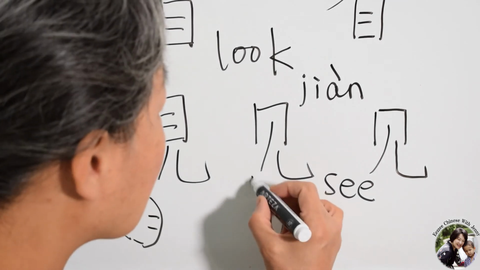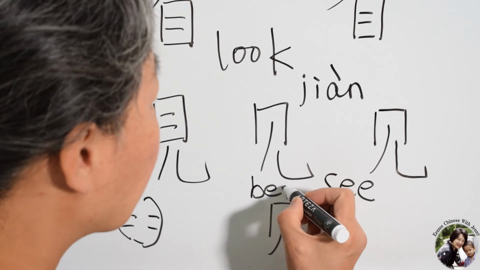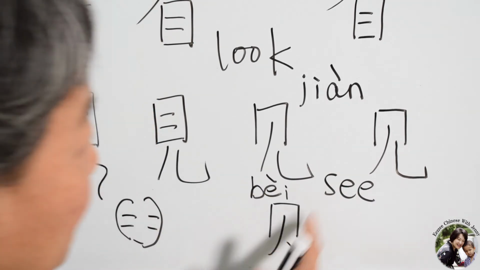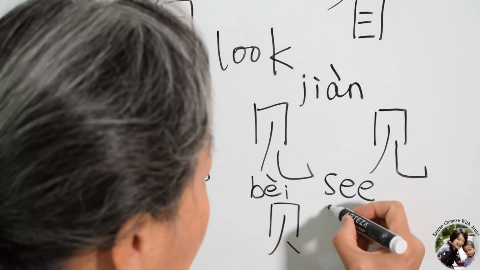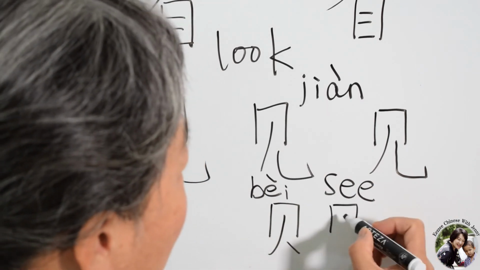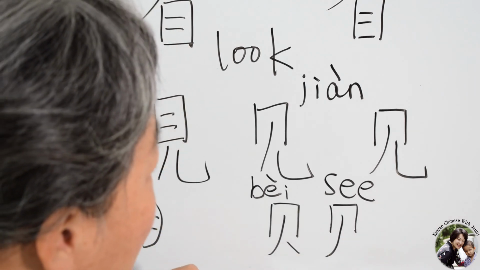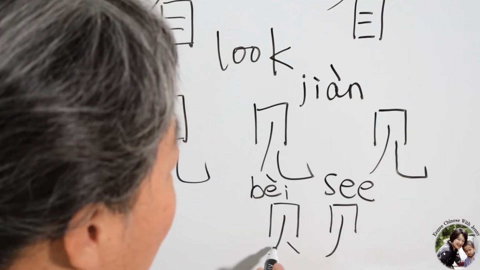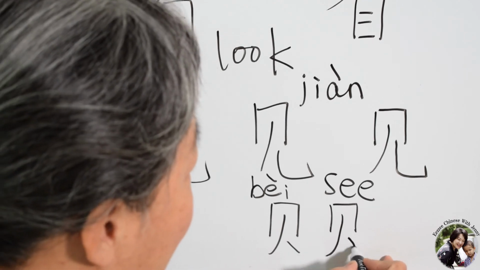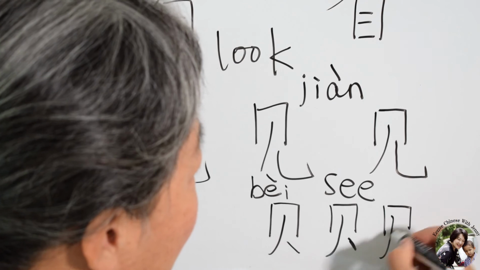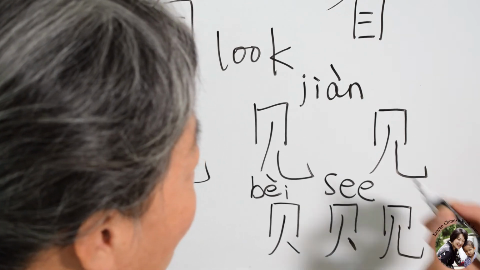The pronunciation is bei, 贝. So look at the difference between these two characters. This top is the same, and this stroke is also the same. Only the last stroke: 贝 is just a dot, 一点儿, and 见 is 竖弯钩.